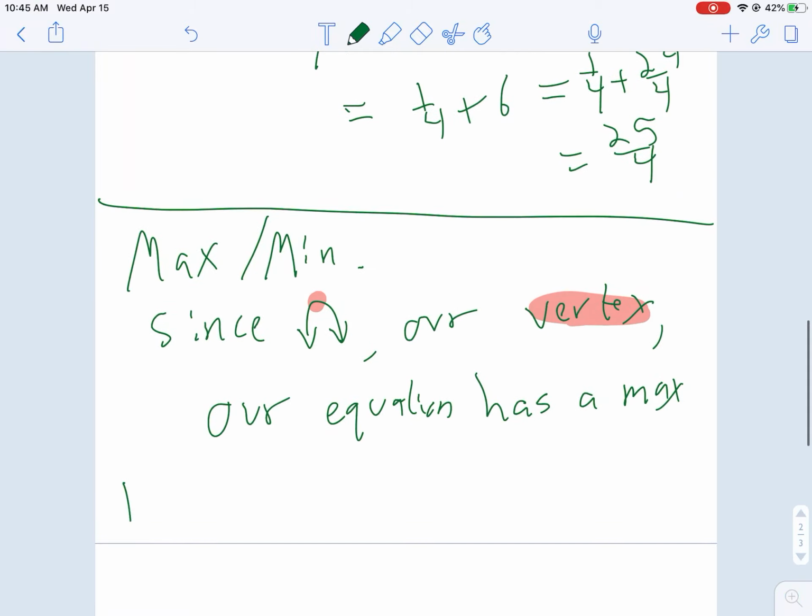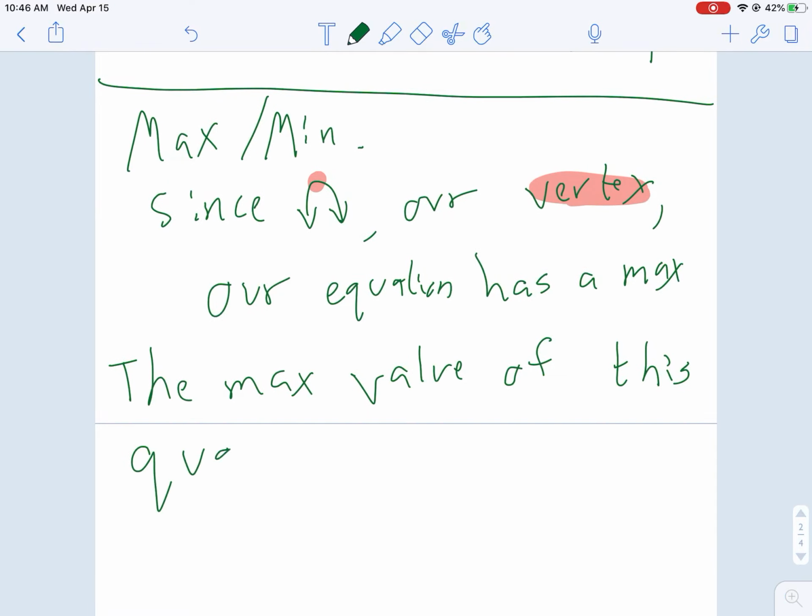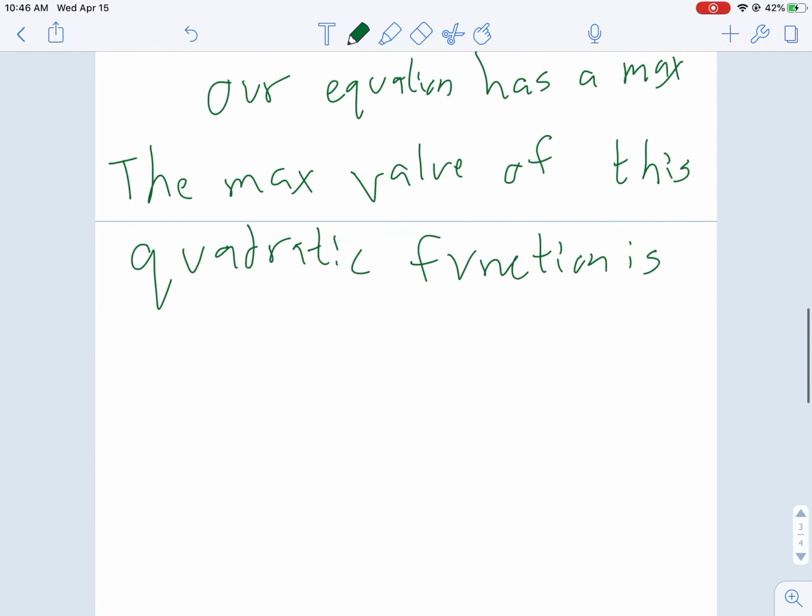We can say the max value of this quadratic function is exactly what we found in the last problem, 25 over 4.